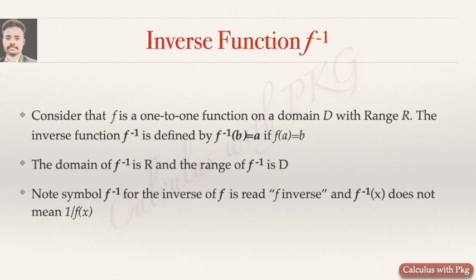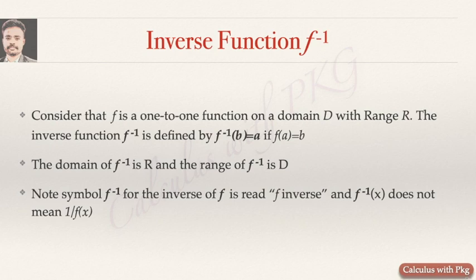As we have already studied one-to-one functions, since each output of a one-to-one function comes from just one input, the effect of the function can be inverted to send an output back to the input from which it came. Consider that f is a one-to-one function on a domain D with range R, where R is a set of real numbers.